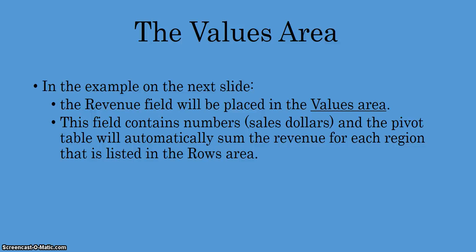Now, within the values area, you'll see on the next slide, the revenue field will be placed in the values area. This field contains numbers, in this case the sales dollars. The pivot table will automatically sum the revenue for each region that is listed in the rows area.